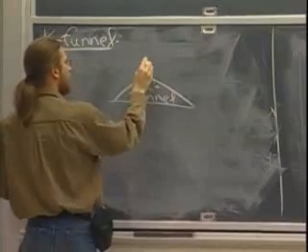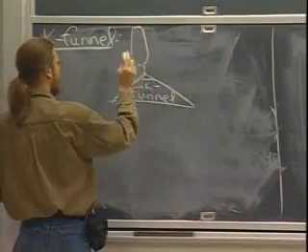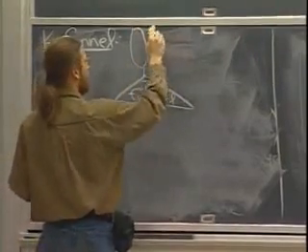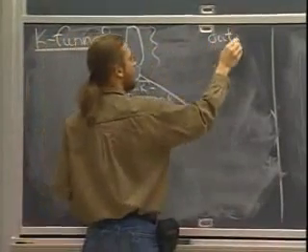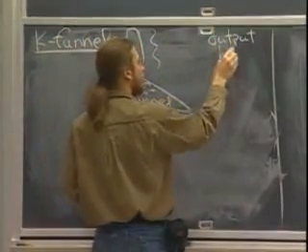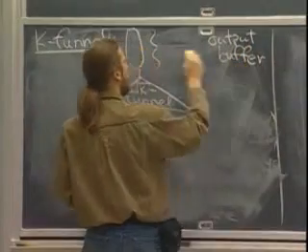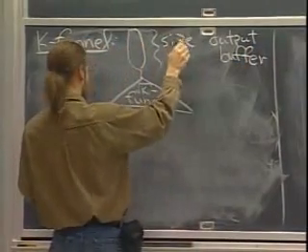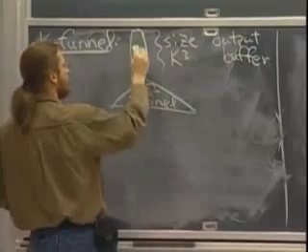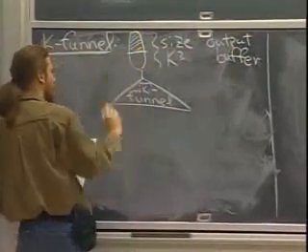We have a buffer up here. This is called the output buffer. And it has size k cubed. And just for kicks, let's suppose it's been filled up a little bit.